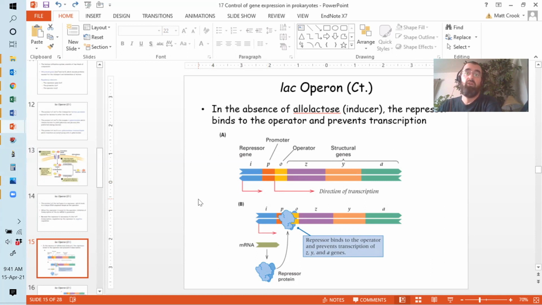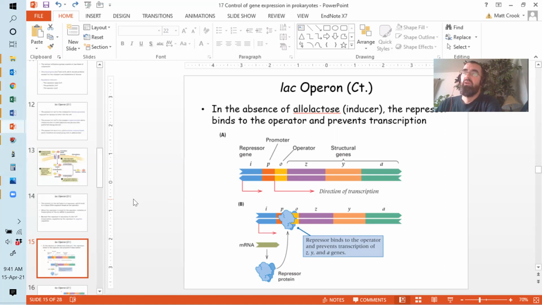Okay, so again, we've got three structural genes, promoter and operator, and those make up the operon, and the lacI repressor gene. Give me a shout if you've got any questions. All pretty straightforward so far.